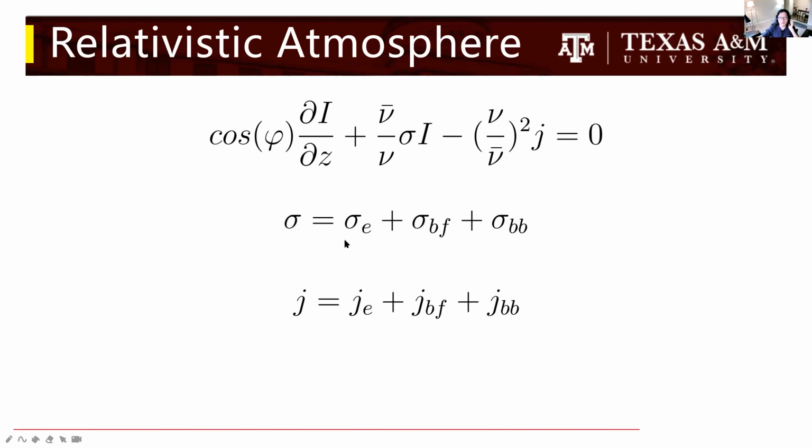And we also try to use a more realistic absorption and emission term, which contains the absorption term of electron scattering and absorption terms for the bound-free transition and the bound-bound transition. And these three terms are related to atomic physics.